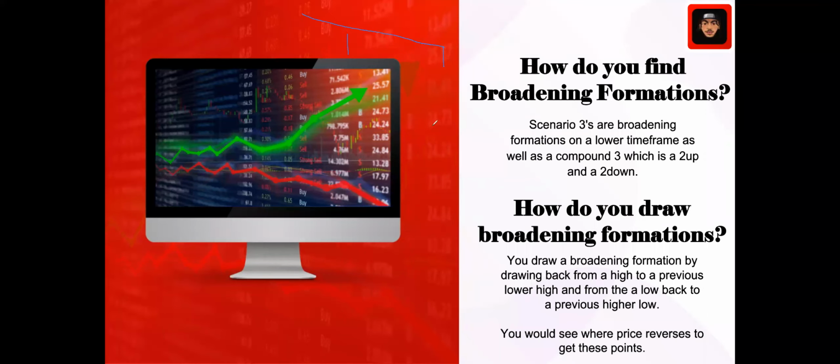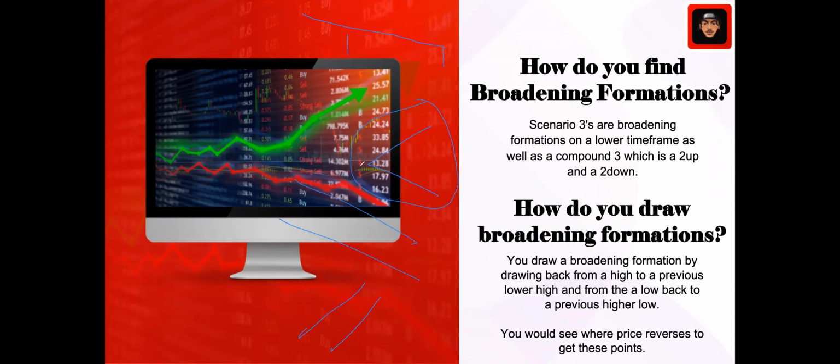A broadening formation should look like a less than sign. That's how a broadening formation should look. It should not look like this, or like that. Those are channels. It should look like this, a less than sign, because greater than is going the opposite way.